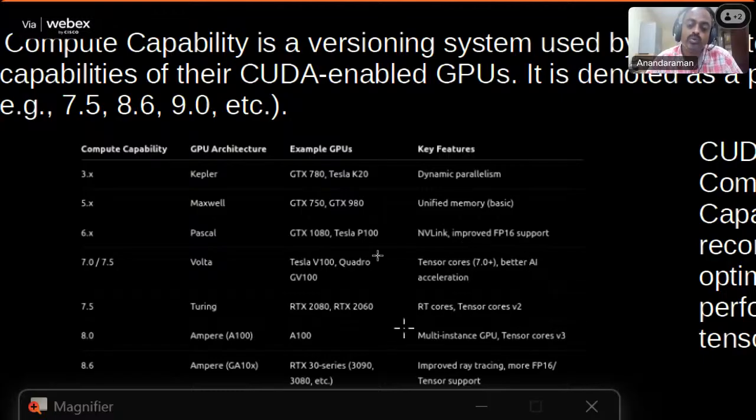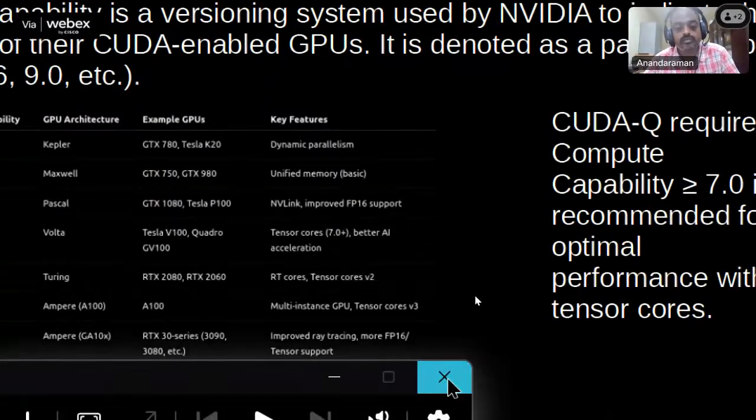Earlier they used to do this with some other core, but here, for example, most people know RISC versus CISC architecture. RISC is reduced instruction set computer, CISC is complex instruction set computer.